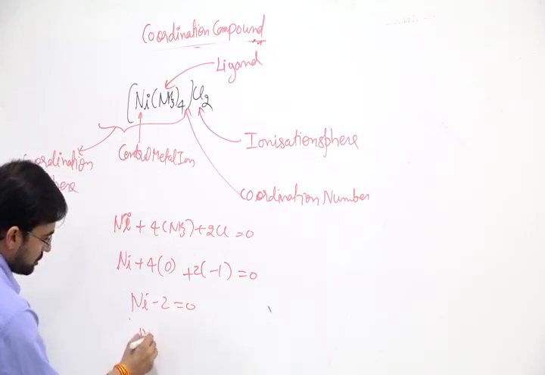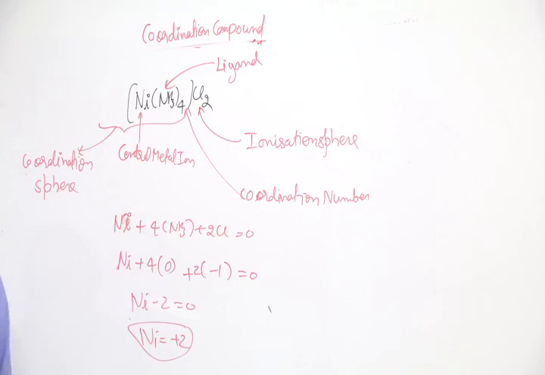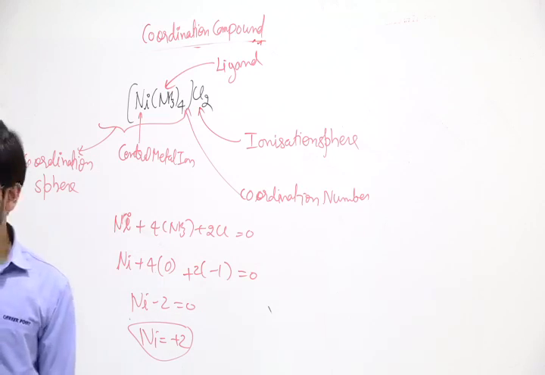Ni minus 2 equals 0. Ni equals plus 2. Understood?